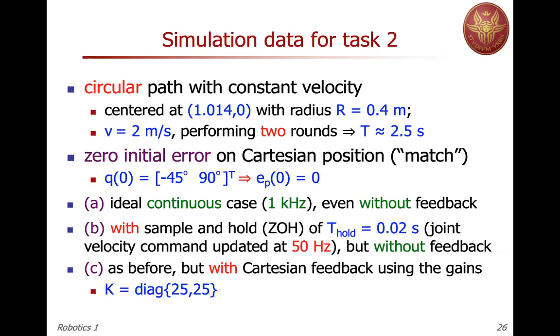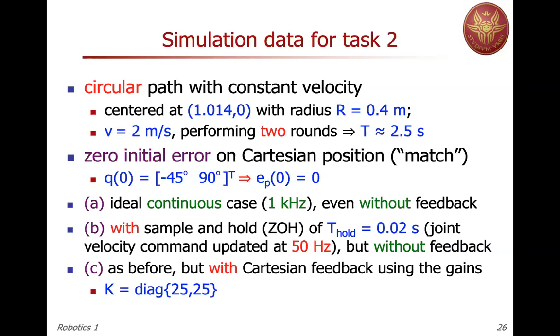And then in the second situation, we will move to a realistic situation. So we are updating the command every 50 hertz, so every 0.02 seconds. So the commands are computed even more frequently, but I can update the computed command only every 1/50 of a second.